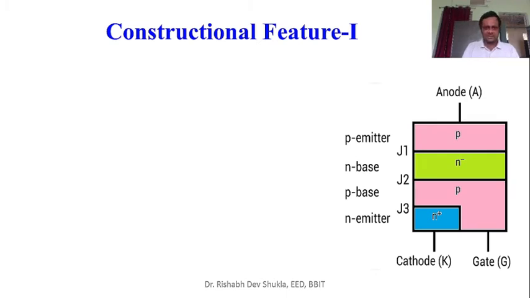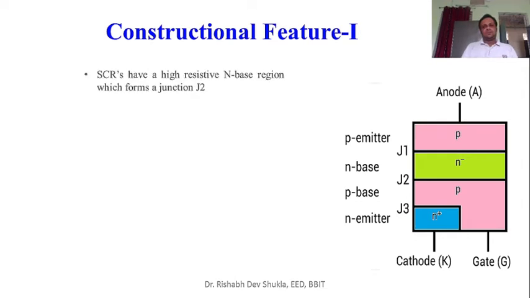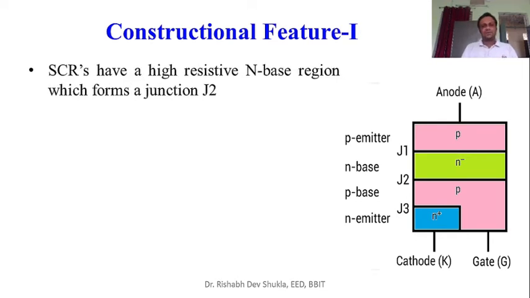Now we are discussing the constructional features. Here we are having the highly resistive N base region which forms the junction J2, which is shown here just like a green color and minus layer.